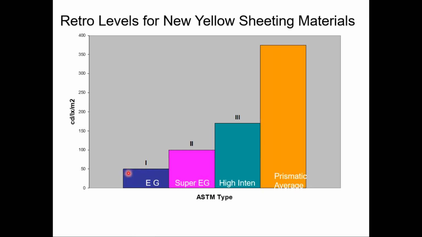That's why there was an asterisk in table 2A-5, because notice even brand new yellow sheeting is just at 50. In fact, it doesn't even meet the 75 requirement for certain conditions. Super engineering grade, closer to 100. R value brand new. High intensity, maybe 170. But the prismatic average yellow, notice, is between 350 and 400. So this should last a considerable length of time before these values drop to the 75 or 50 value.